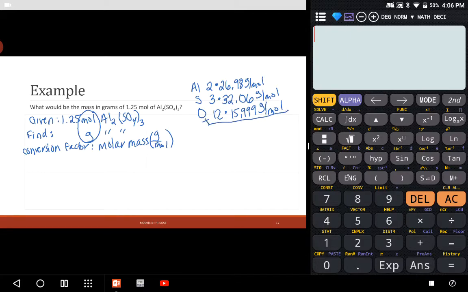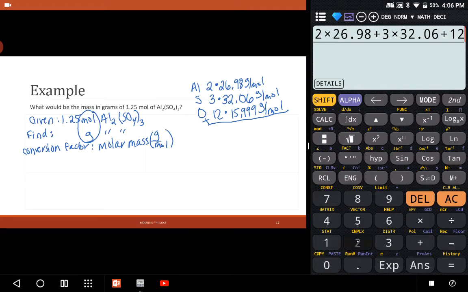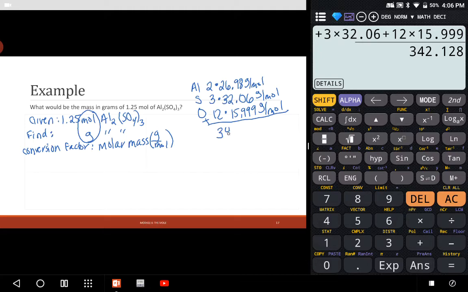And then add all those up. 2 times 26.98 plus 3 times 32.06 plus 12 times 15.999, and that is equal to 342.128 grams per mole.